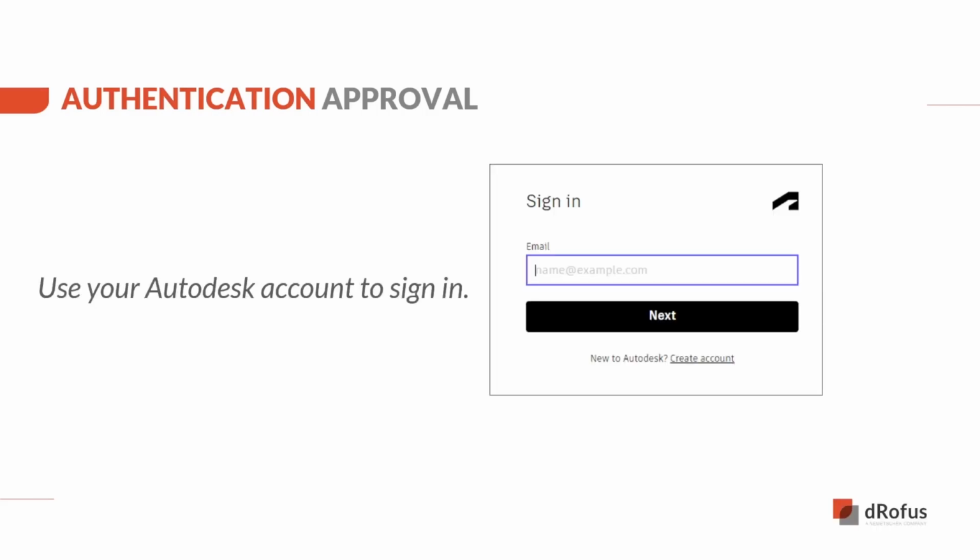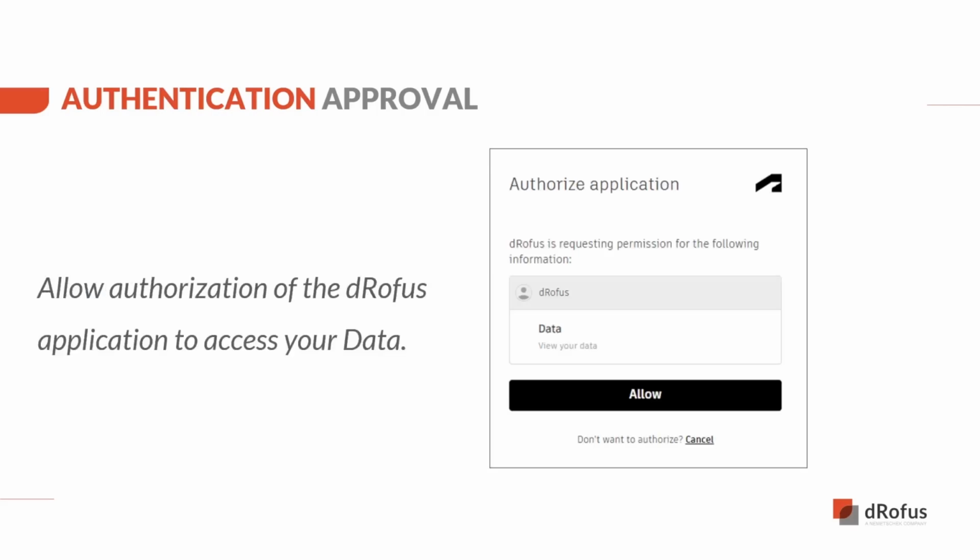You'll populate your Autodesk credentials, and you'll see an authorization application here where you're basically granting the ability for us to access the data that is inside of your ACC project related to the AEC Data Model API, and this allows us to actually extract that data.